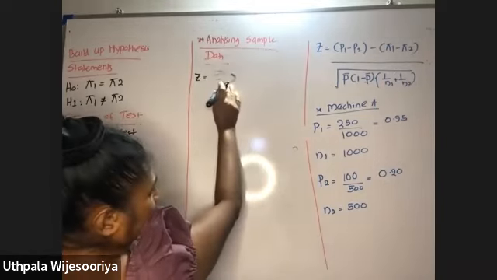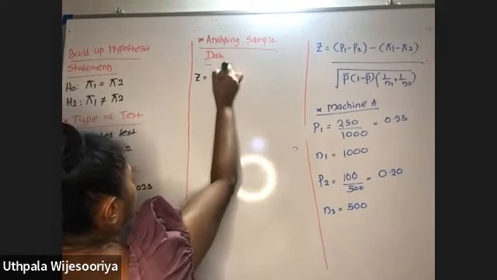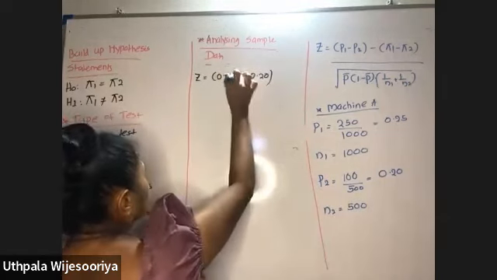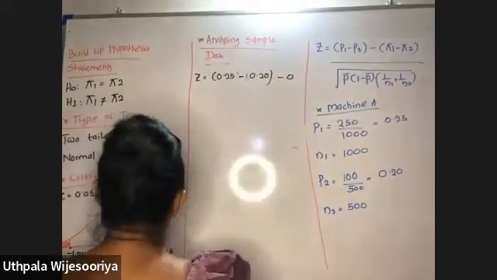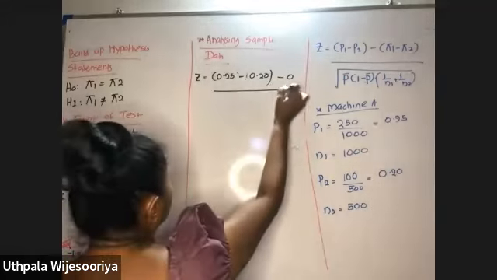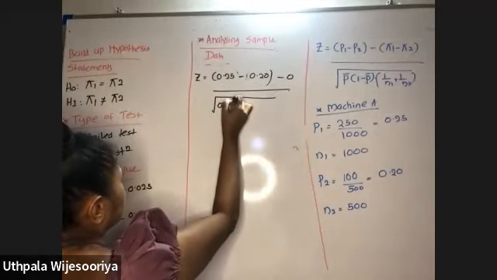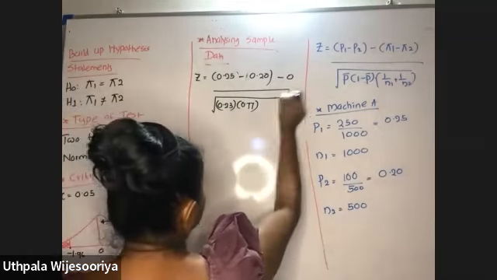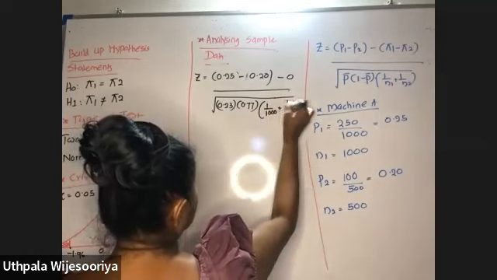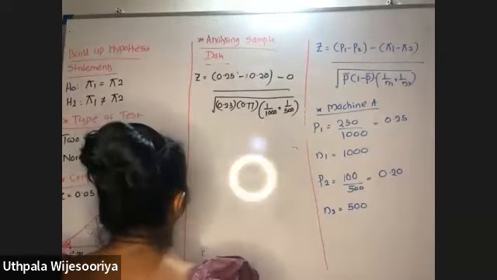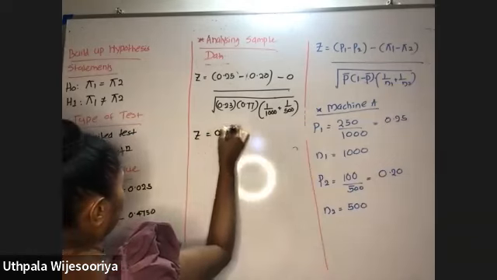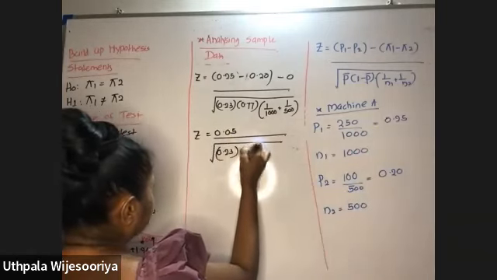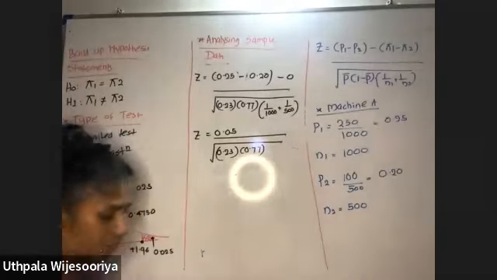P1 minus P2 is 0.25 minus 0.20, so on your numerator 0.05. In the denominator, P bar is 0.23 and 1 minus P bar is 0.77, times 1 over 1,000 plus 1 over 500. What is this as decimals?